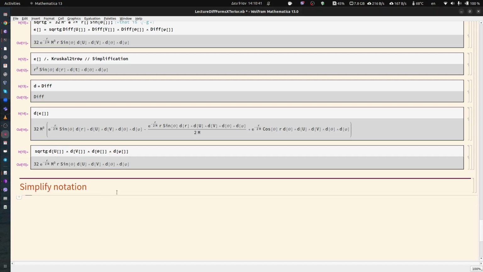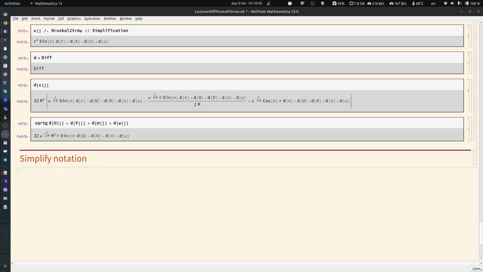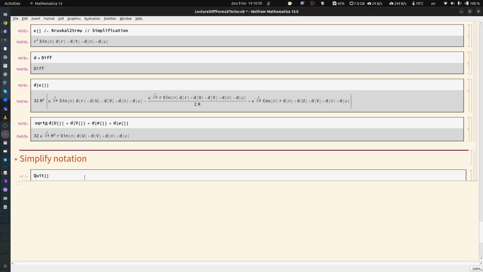So let's play a little bit more with simplifying notation. First, we quit the kernel again to start anew.